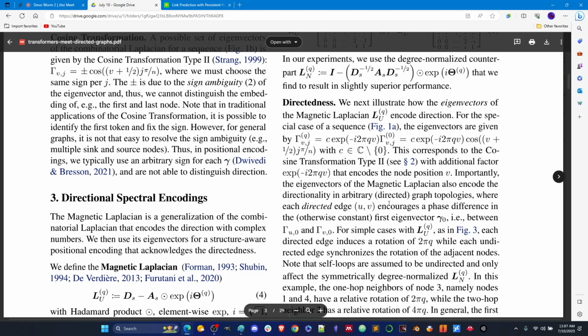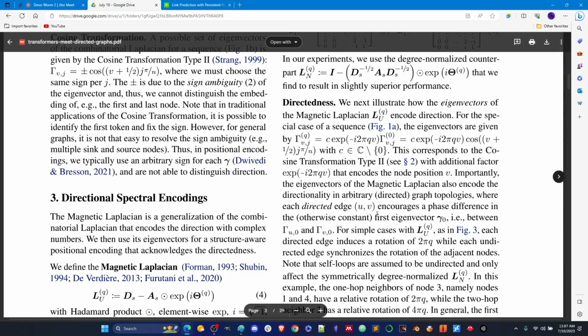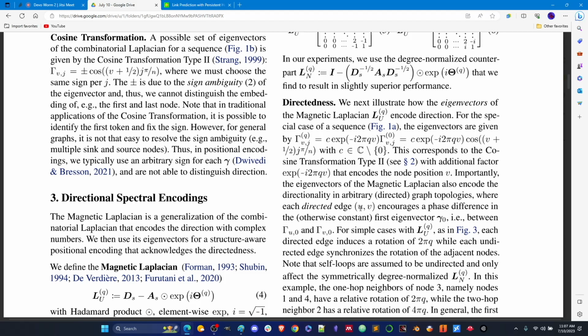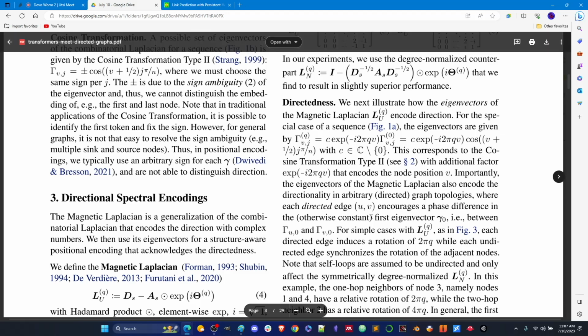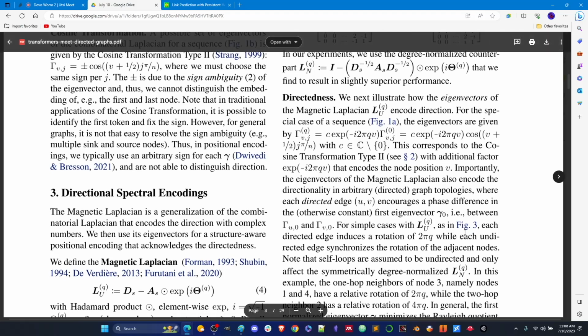So the eigenvectors of the magnetic Laplacian also encode the directionality in arbitrary directed graph topologies, where each directed edge encourages a phase difference in the otherwise constant first eigenvector between these two. And so basically what you have is this phase difference. So each directed edge is sort of a phase difference in this eigenvector.